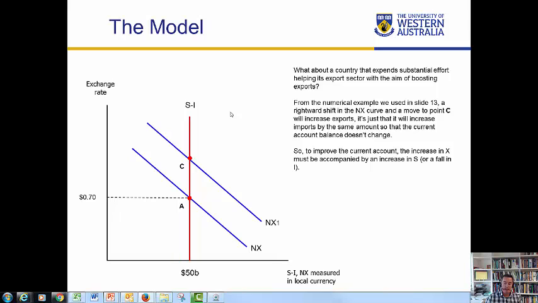And then each year that depreciation in the exchange rate, driven by the rightward shift in the S minus I curve, boosts net exports a little bit more. So if it was a slow process, then the export sector would have time to slowly adjust to this depreciating exchange rate, and the increase in exports could actually offset the decline in consumption spending that occurred, to actually lead to a higher savings rate.